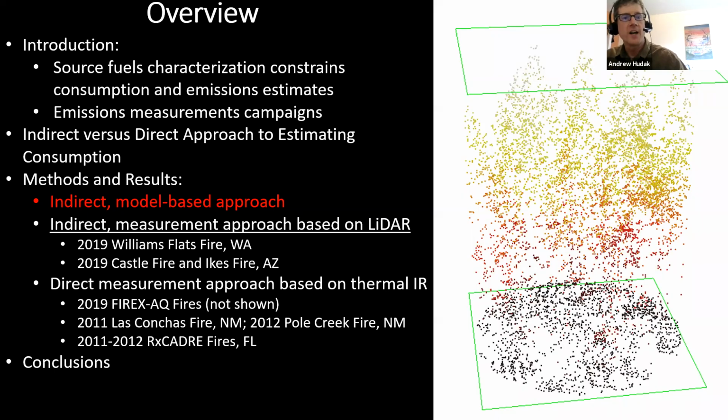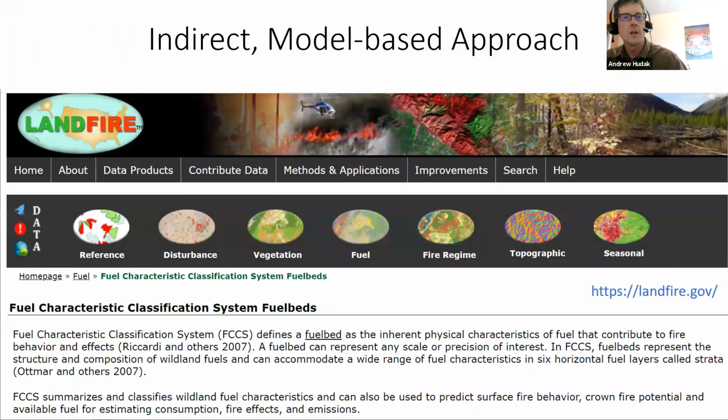So now moving on to a little more description of this model-based approach. The operational way to do this is using Landfire products currently, because they are available nationally, and Landfire maps vegetation characteristics and fire regime characteristics. Fuel is among those.